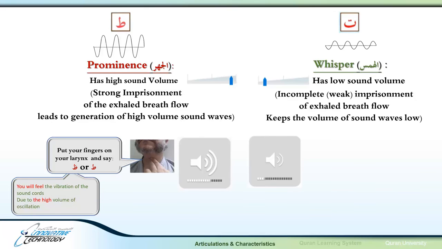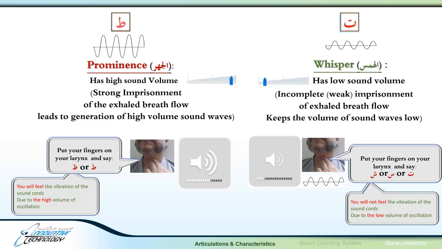While on the other hand, if we put our fingers over the larynx and try to say it, or it will be more obvious if we say ish or is, in this situation we wouldn't be able to feel this vibration of the sound cord, and basically this is because of the low volume leading to less transfer of the sound, so that it would mechanically not be transferred to the surface of the skin and would not be felt by our fingers.